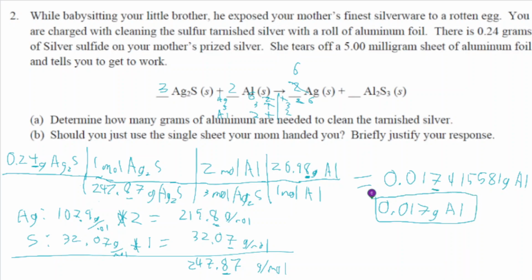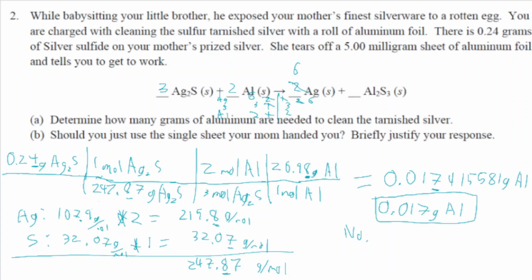Now to answer part B of this question, should use the single sheet your mom handed you and briefly justify your response. Well, we could say no, we need 4 sheets, because this will take just over 3 sheets to remove all the tarnish if each sheet is 5 grams.